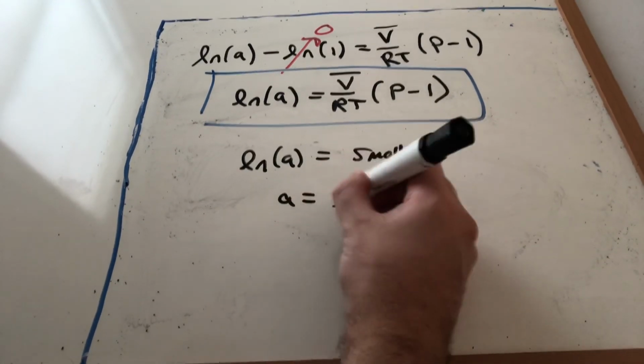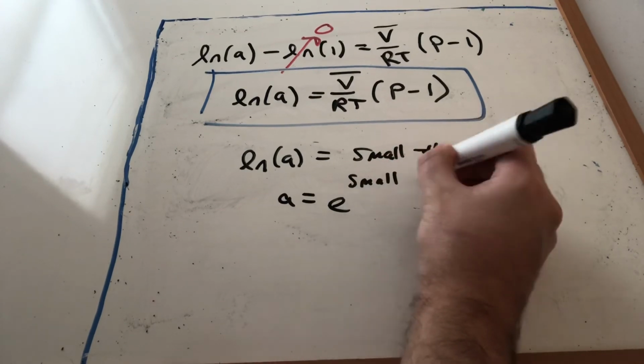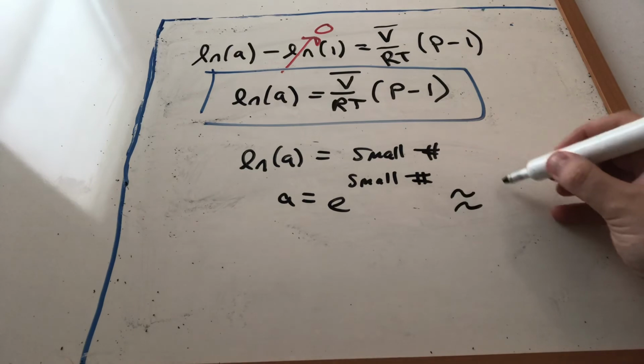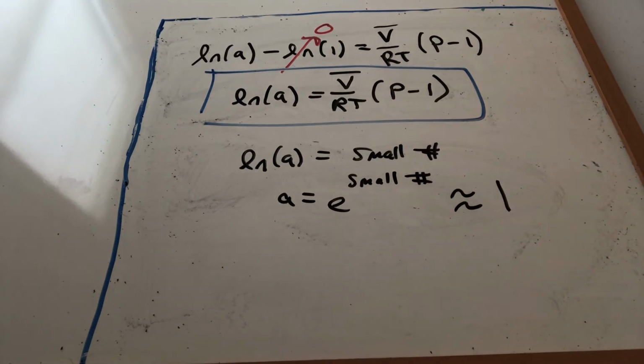I go a equals e to that small number. And what am I going to get? Well, e to a small number is pretty close to 1. It has to do with these molar volumes, like I said, having some appreciable quantification that keeps this small.